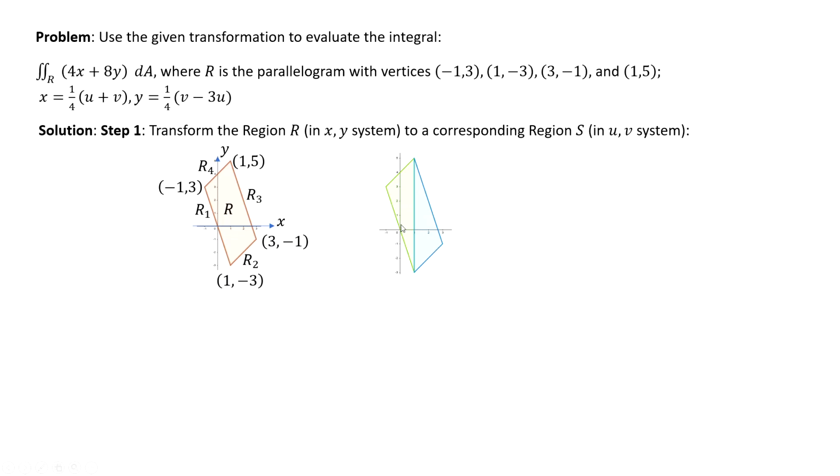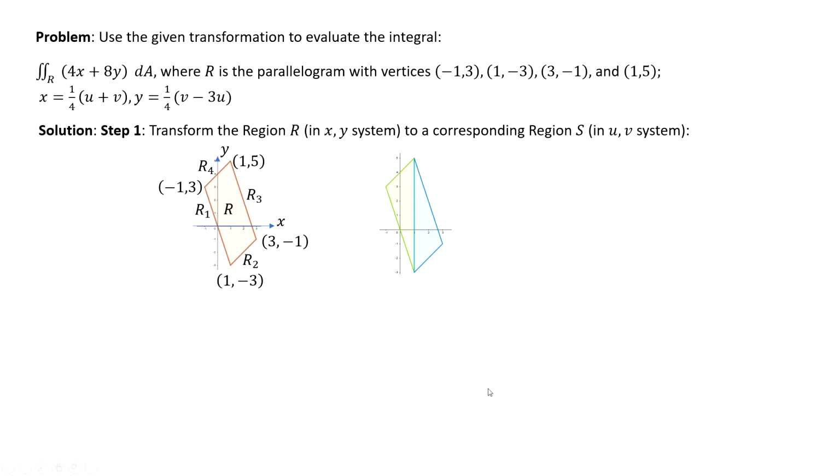But that is what is involved in figuring out this integral, because the region is not a nice type 1 or type 2. However, what you will learn is, by using this transformation, the region will become a nice rectangle or square or some nice thing, and life becomes somewhat easier. Okay, that's the whole idea.